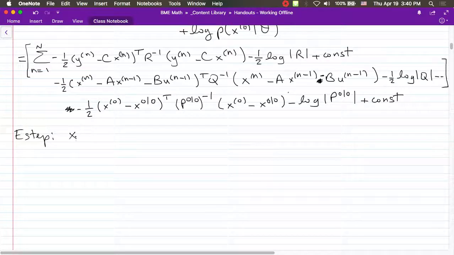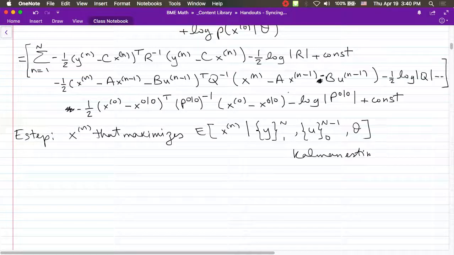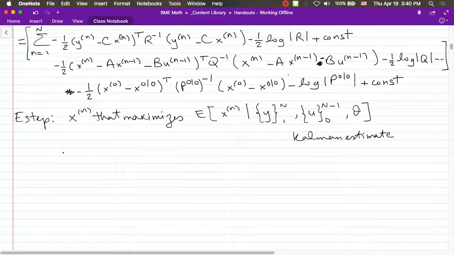It was to find x of n that maximizes the expected value of x of n given y 1 to n and u 0 to n minus 1 and theta, which was the Kalman estimate. So the x's that we're going to assign are going to be the expected value that we get from the Kalman estimate.